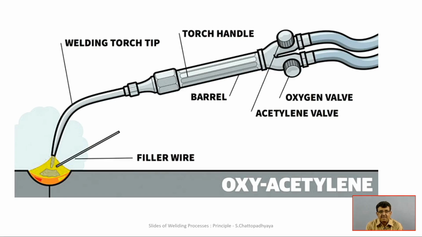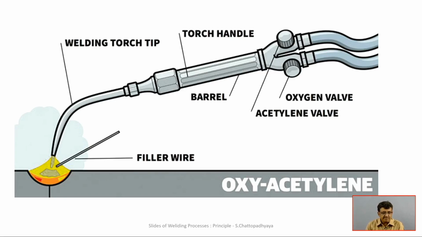The torch handle is constituted of barrels, and there are two valves so that one can control them, one an oxygen valve and the other an acetylene valve. The filler wire is there as filler material, if at all it is needed, and whenever the flame is ignited it is concurrently melted, supporting a better deposition rate at the places where the actual coalescence has to take place.